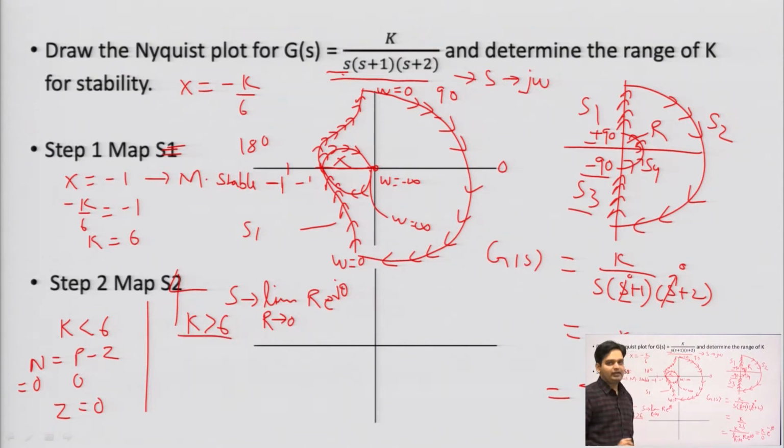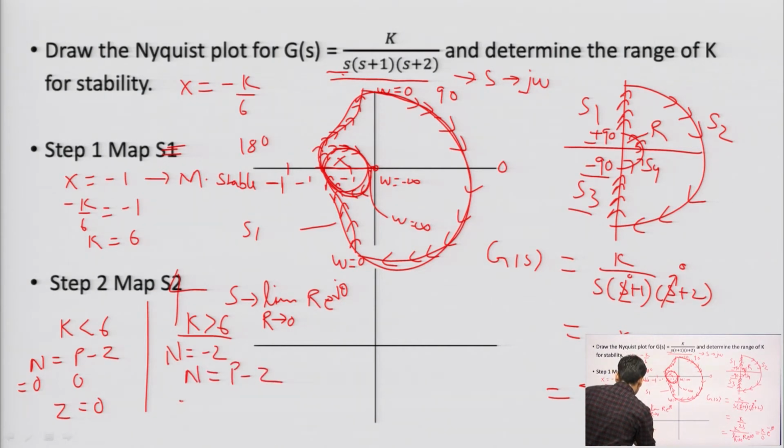If k is greater than 6, then minus 1 will lie here. Now this minus 1 is encircled by this curve one time in clockwise and a second time in clockwise. So, n is equal to minus 2, or from the formula n equal to p minus z, we can say minus 2 equal to p, p is 0.